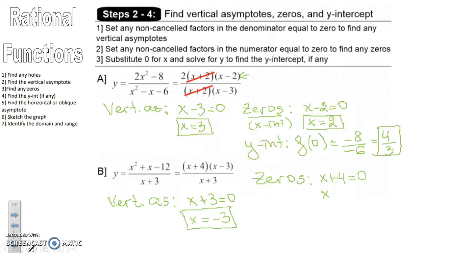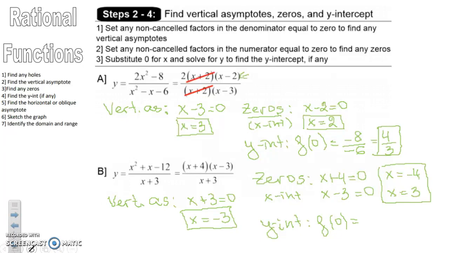X plus 4 is equal to 0 and x minus 3 is equal to 0. So your zeros happen at x equals negative 4 and x equals 3. Once again, those here are your x-intercepts. And then we want to find the y-intercept as well. The y-intercept happens at f of 0, and it will be equal to negative 12 over 3, which is equal to negative 4.